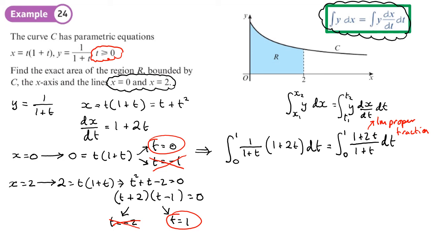So let's do the long division over here, get the quotient part out. Let's write it the other way around, with the powers in order, so we'll write it as 2t plus 1 divided by t plus 1.